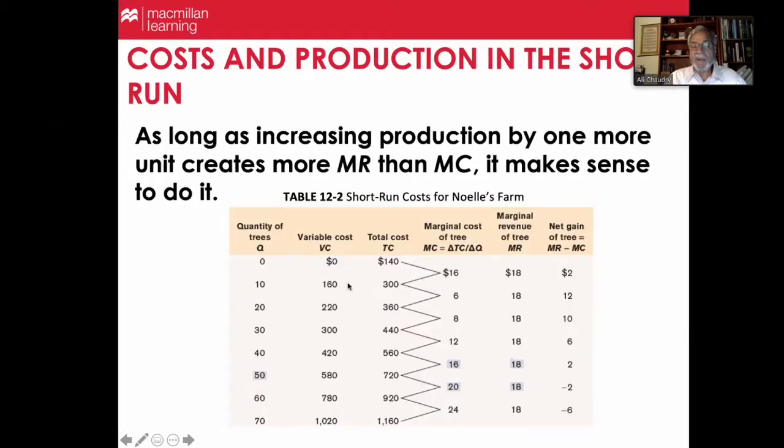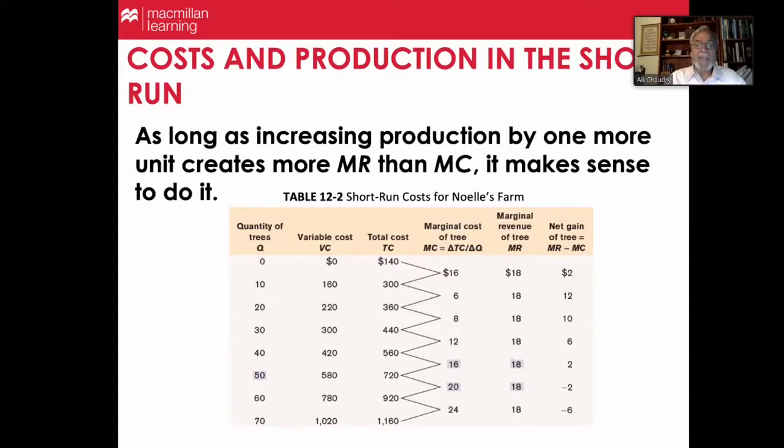So 10 of them cost them $160, right? So when we add the $160 to the $140, the fixed cost that they had, we get a total cost of $300. 160 plus 140 gives us 300. Is everyone clear on that? Yeah. So the definition of total cost is fixed cost plus variable cost.